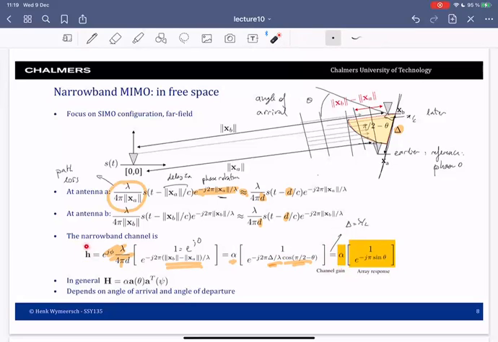Right, so the channel seen by the receiver is a complex number, and then something called the array response vector. And you can imagine that if you have more antennas, then this vector will be 1, e to the power minus j pi sine theta. On the next antenna will be e to the power minus j pi 2 sine theta, e to the power minus j pi 3 sine theta, and so forth.